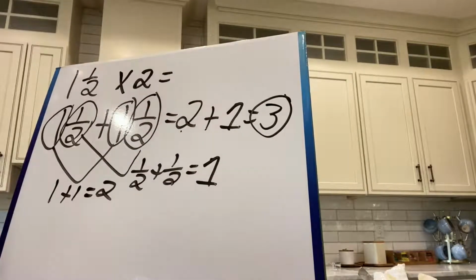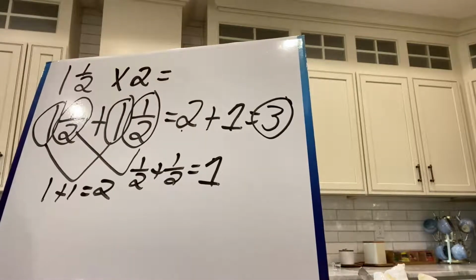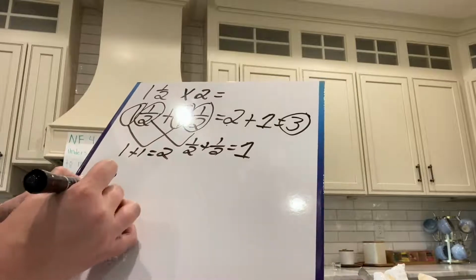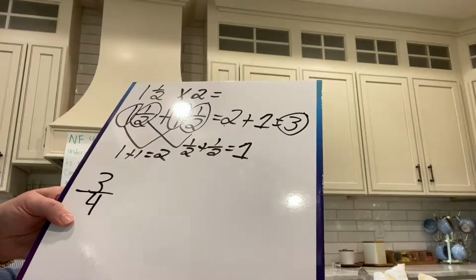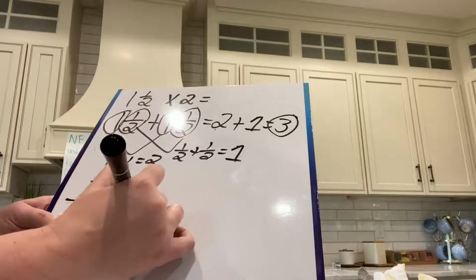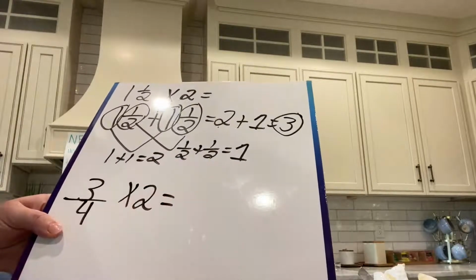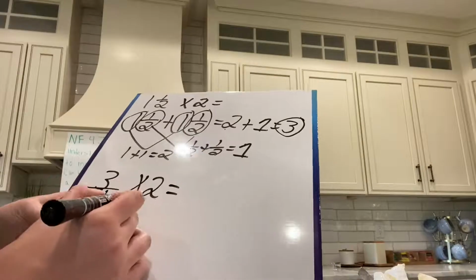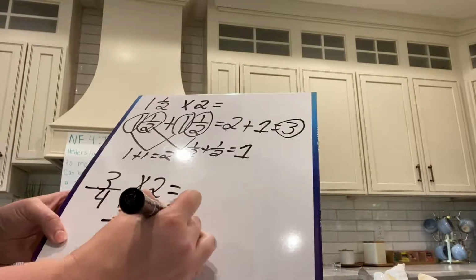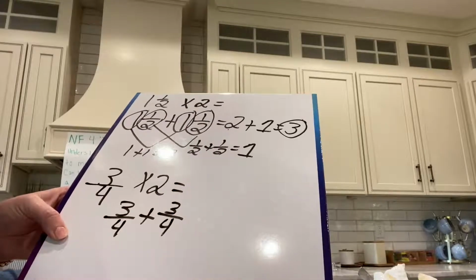And the last math that I need to calculate for my new recipe is, the original recipe calls for 3/4 cups of sour cream. I'm gonna double this, so 3/4 times 2. I can do my repeated addition here. 3/4 plus 3/4.